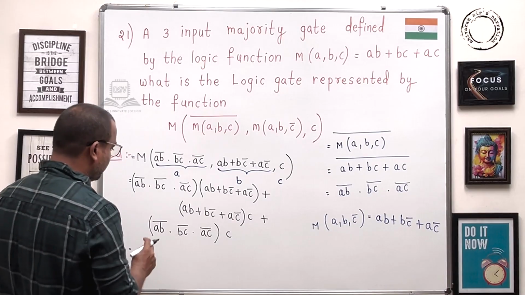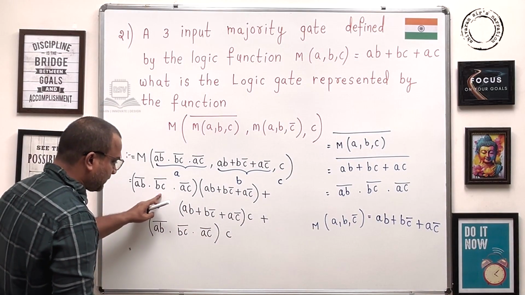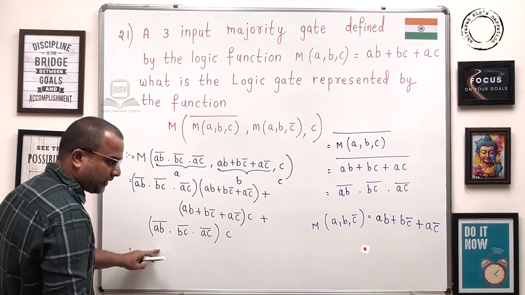Here, if you see this term and this term, AB whole bar, BC whole bar, AC whole bar is common, right?